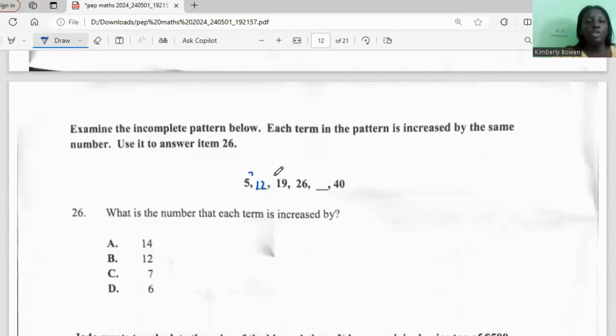And then we'll also have another 7. 7 plus 12 is 19. 19 plus 7 is 26. And 26 plus 7 is 33. And 33 plus 7 is 40. So the answer is.